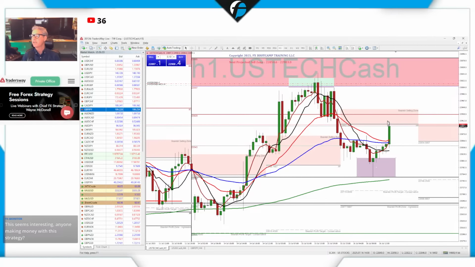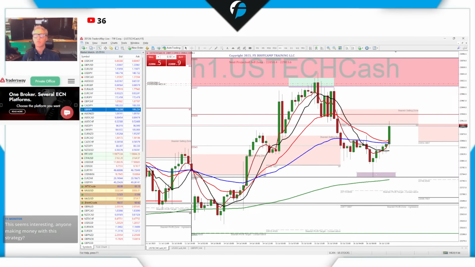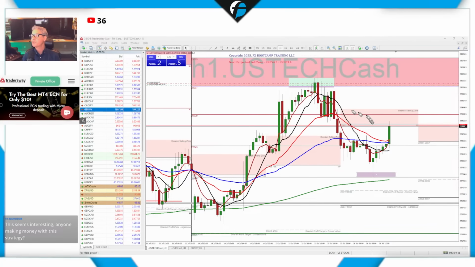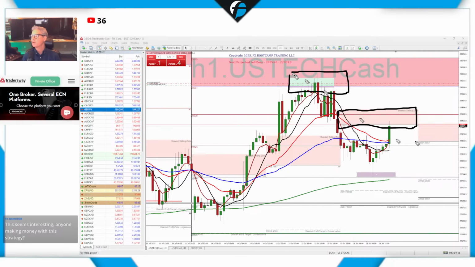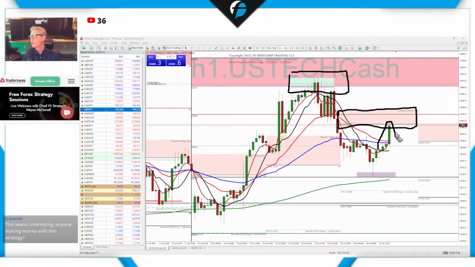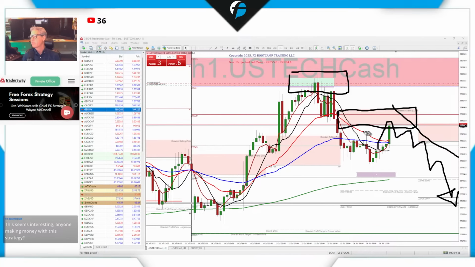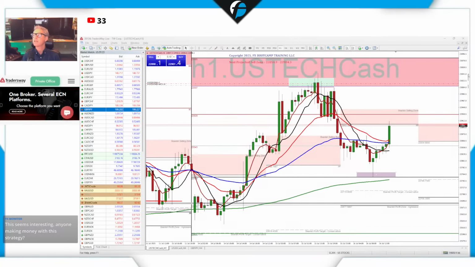There's weekly and daily pivot points, right? And so imagine if this was pound yen, I guess I could take it up to pound yen, but imagine I wanted to sell this. Technically, I would say this is today's sell zone, and this is this week's sell zone. So if I was going to be a bear, I would look for something like that, right? And that's how you combine technical and fundamental analysis.